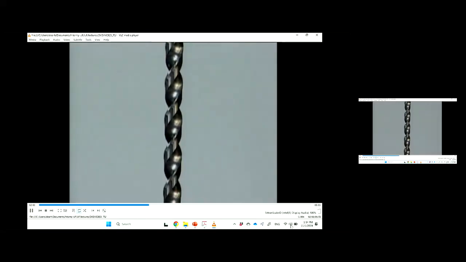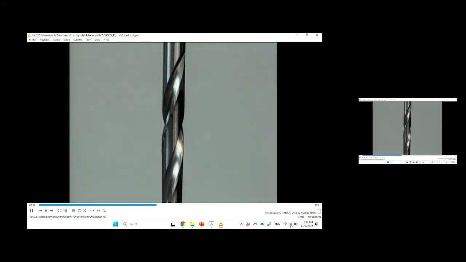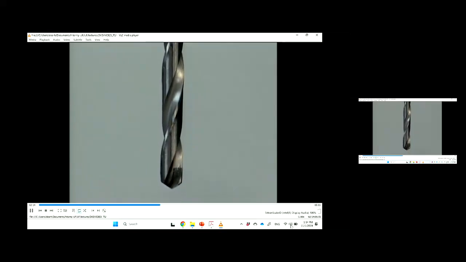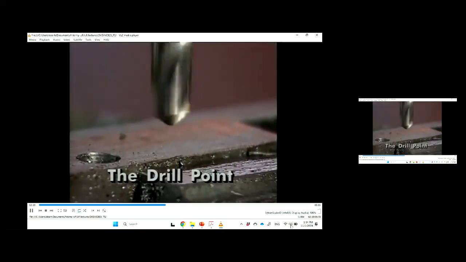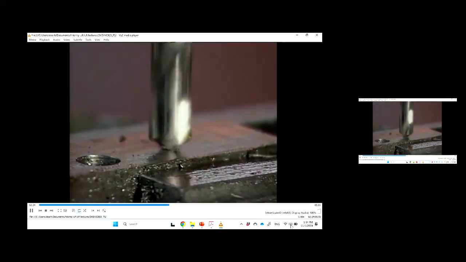A high helix or fast spiral angle of 35 to 40 degrees is used for low-strength materials like aluminum, and a low helix or slow spiral angle of 15 to 20 degrees is used for drilling brass and plastics. The drill point, which does the work of metal cutting, is formed by the two cutting lips and the chisel edge.